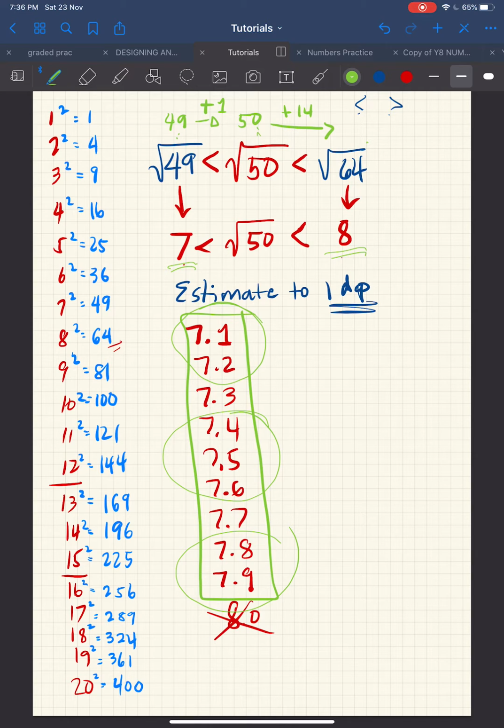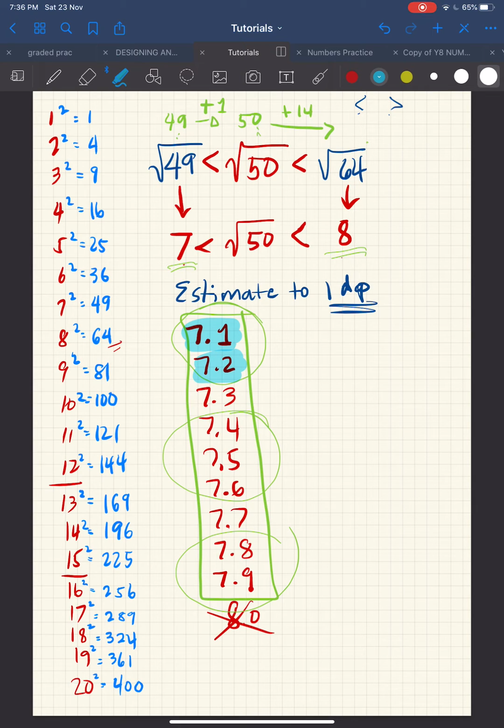If you answered that it would be 7.1 or 7.2, then you are correct, because 50 is close to 49. That means the square root of 50 would be closer to 7 than it would be to 8.